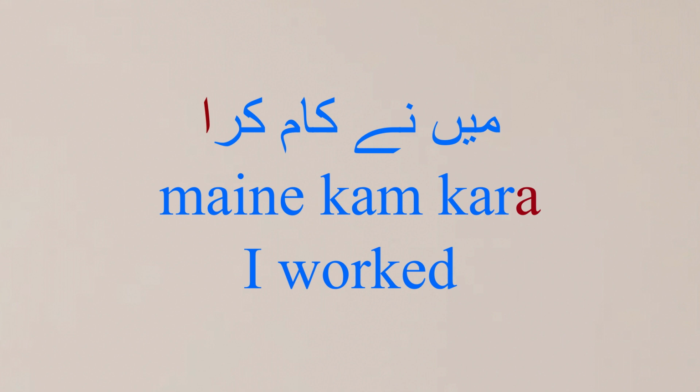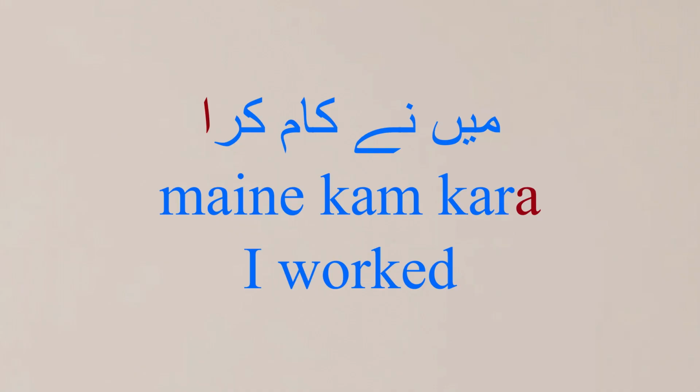So मैंने काम करा. The मैं is going to attach with ne with the transitive verb. मैंने, every single pronoun is going to be attached with a ne. मैंने, ne is like a did, but the specific meaning is not very clear. If you have any idea about it, let me know in the comment section. So मैंने काम किया, मैंने काम करा.